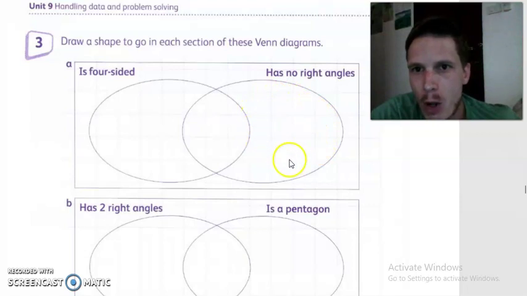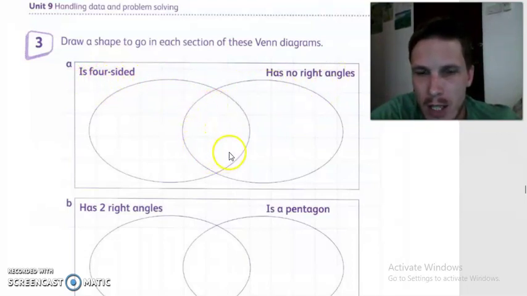So you need a shape here with no right angles, a shape here that's four-sided, and then in the middle of your Venn diagram you need a shape that is both four-sided and has no right angles. So you need to draw a shape here that has four sides and no right angles.